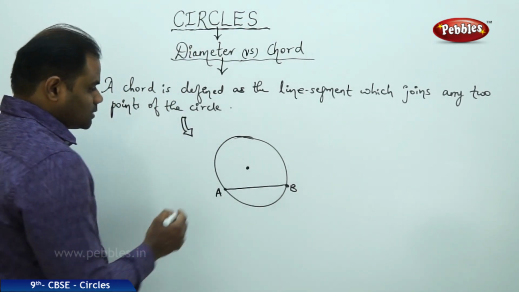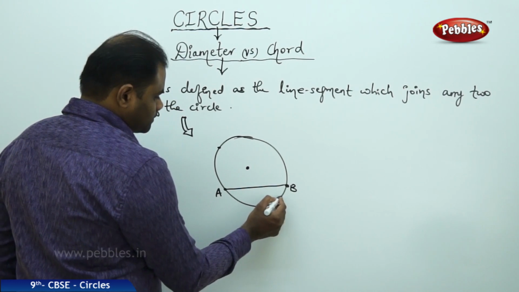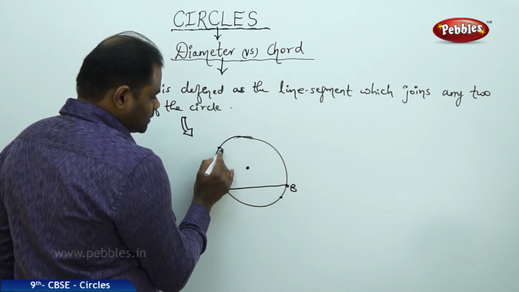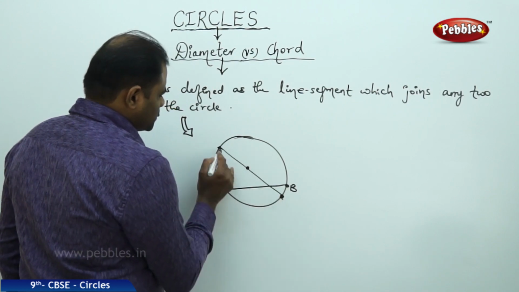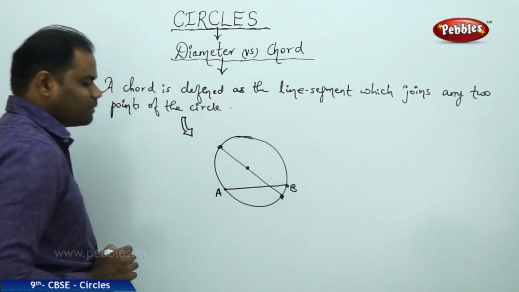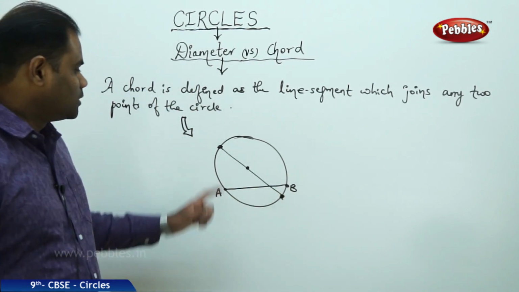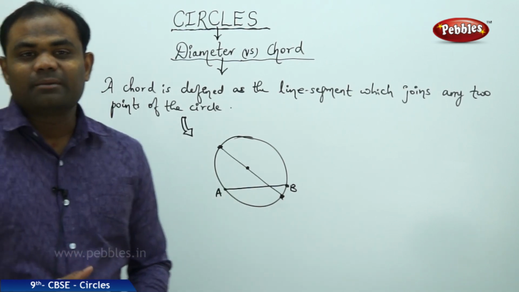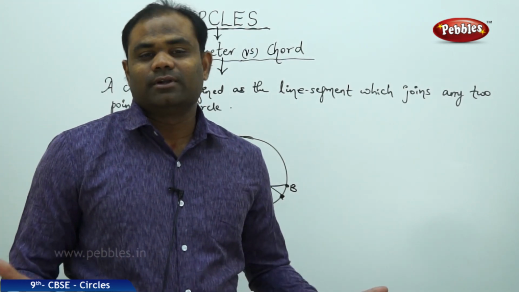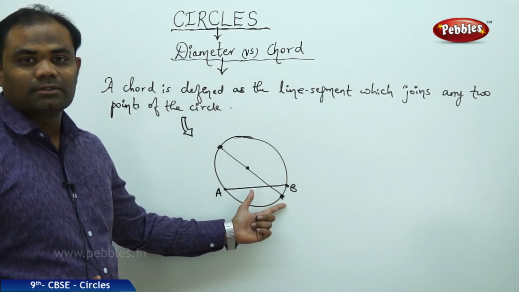So if I connect any two points in such a manner that it passes through the center, then I can say that a line segment or a chord which passes through the center is the diameter, because a chord is defined even for a diameter.